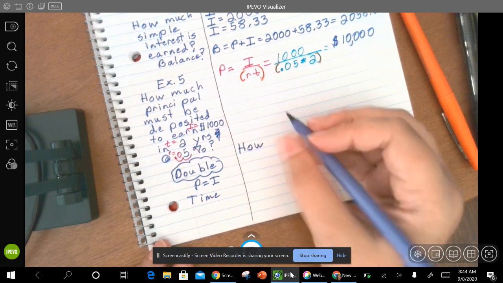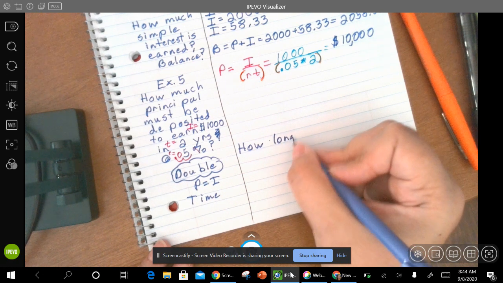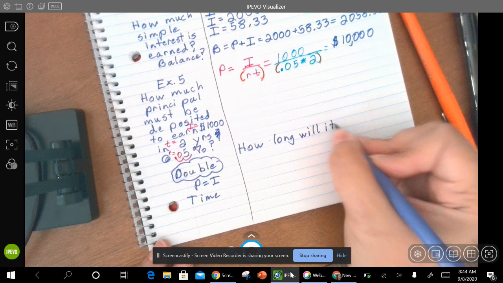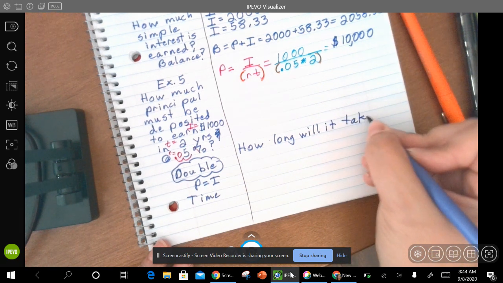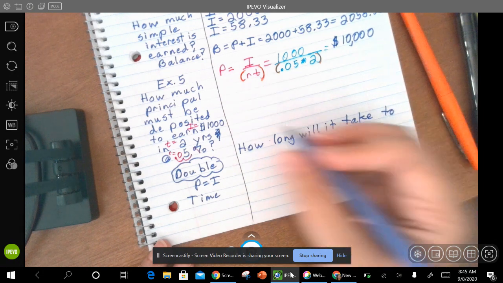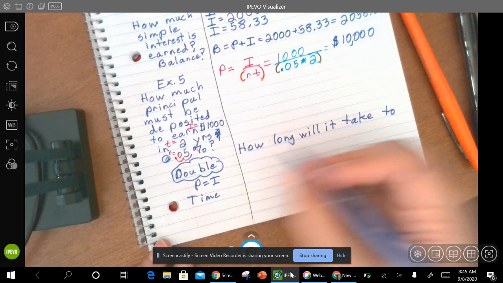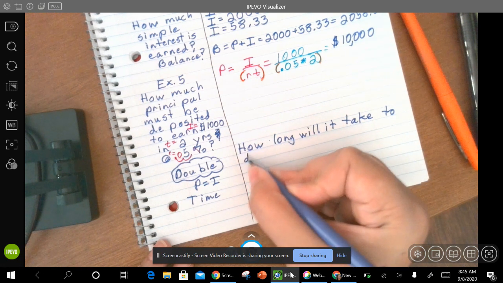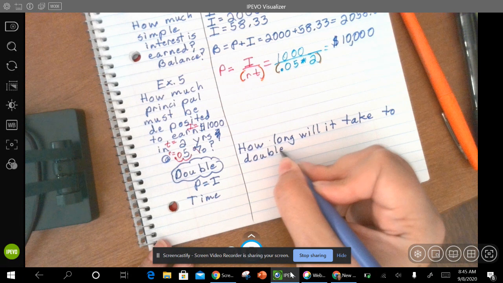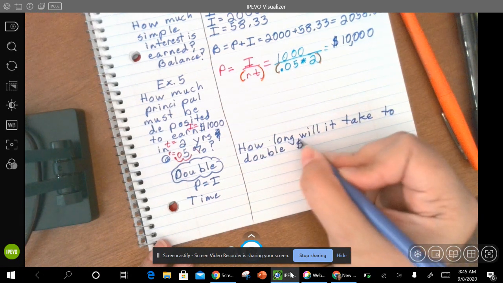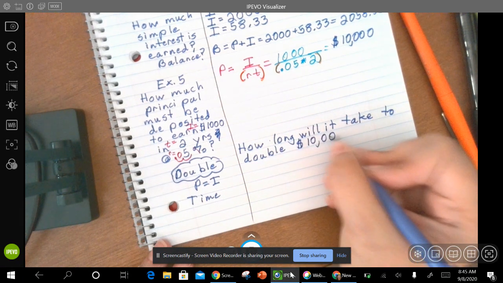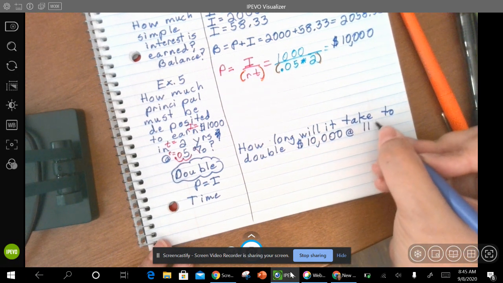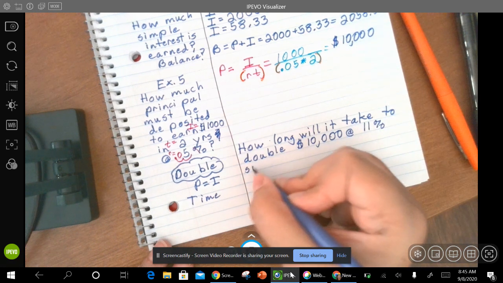How long will it take to double $10,000 at 11% simple interest?